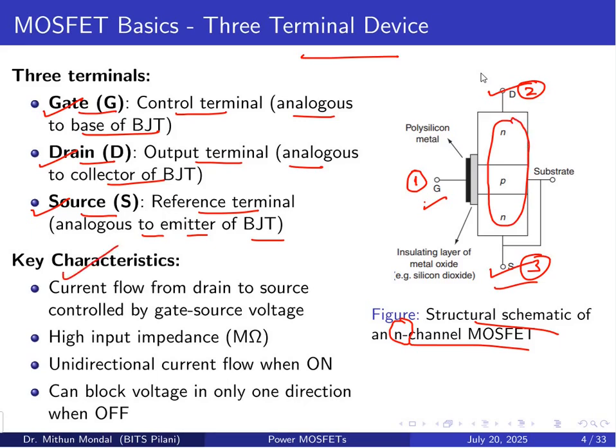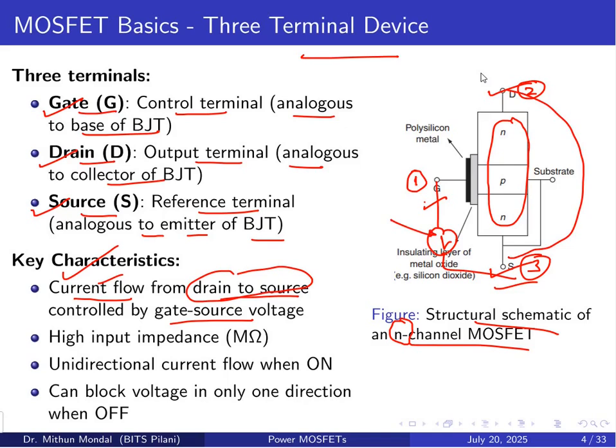The key characteristic of this MOSFET is that it controls the current flow from drain to source by the gate-source voltage. So we will be connecting one voltage source between the gate and source, which will be controlling the current flowing from drain to source.